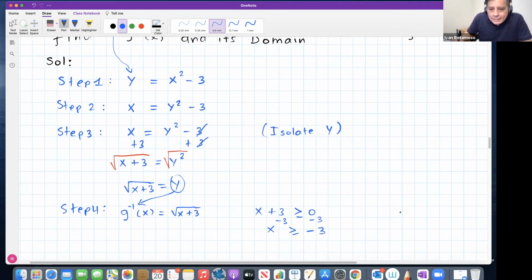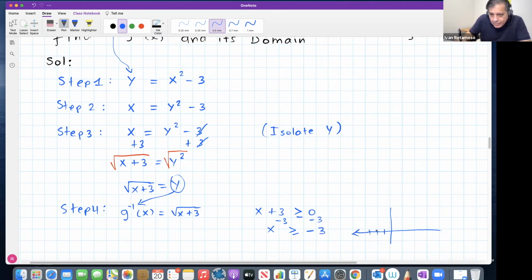So this, when graphed, is just a horizontal shift of the graph of g of x equal square root of x, which is this. But this is telling me to shift it 3 units to the left.